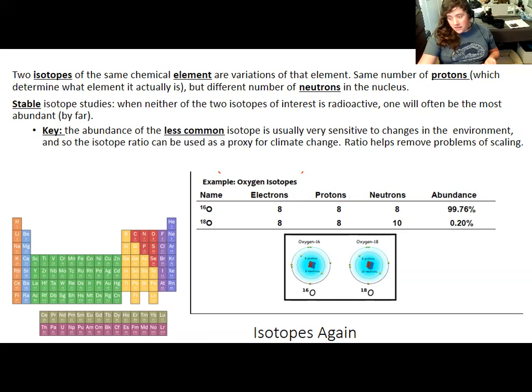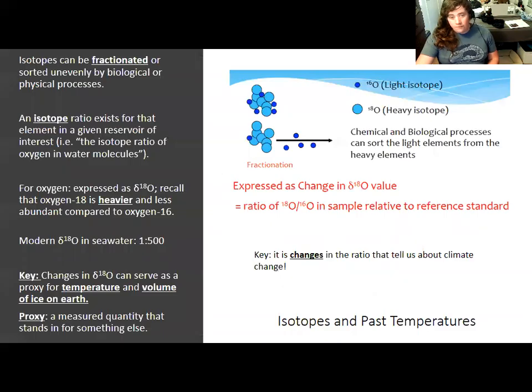But the processes that cause fractionation, as it turns out, separation of the isotopes, apply regardless of the number present. And the ratio between the two isotopes actually shows us what's happening with those processes more than does looking at the numbers. So isotopes are often fractionated by biological or physical processes, meaning that one isotope is more heavily taken up than the other or excluded.